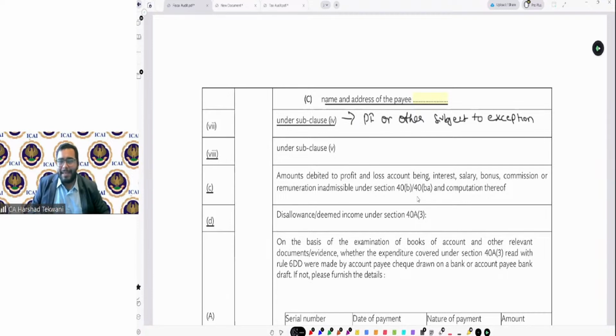Fifth, that is any tax actually paid by the employer referred to in clause 10CC of section 10. If any amount has been actually paid by the assessee under 10CC of section 10, then that will be reported over here.